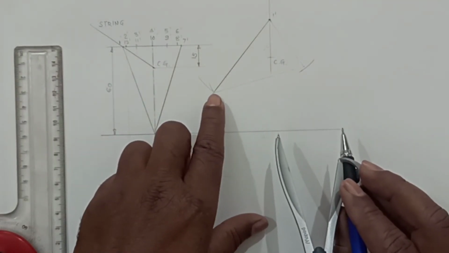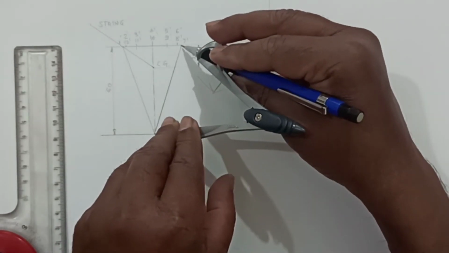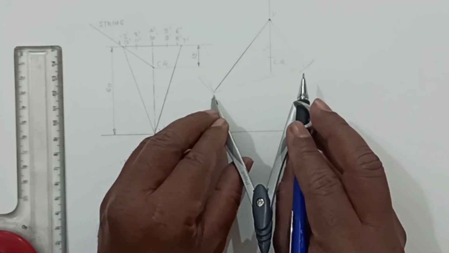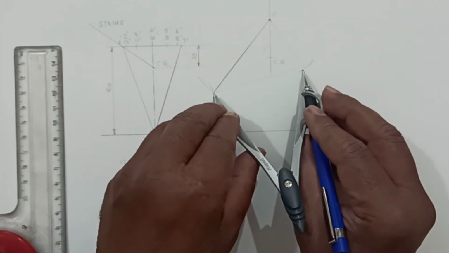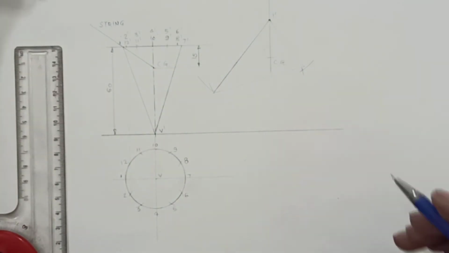Then we already have this point V dash, so take this distance in the compass and it will cut here.